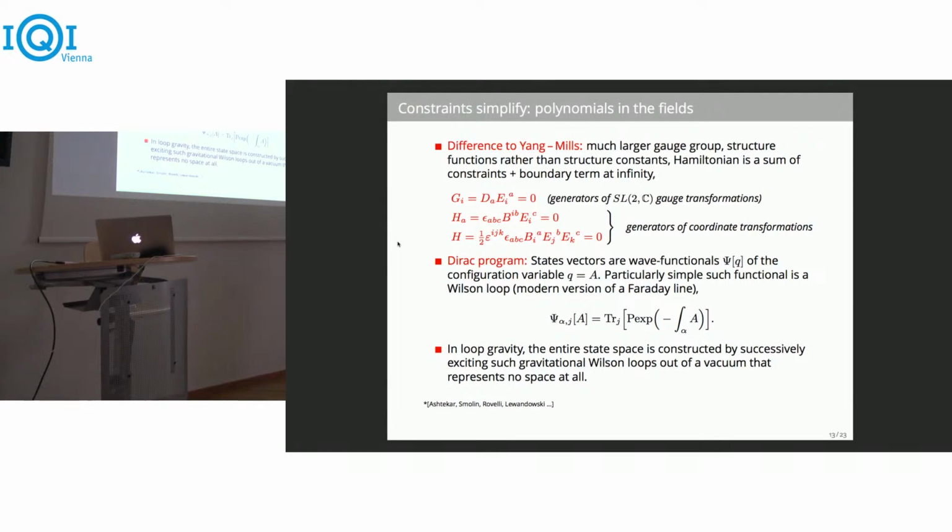along a closed path. And in loop gravity, the idea is to build the entire Hilbert space by successively exciting such gravitational Wilson lines out of a vacuum state that represents no spatial geometry at all, just no space, no excitations of geometry.